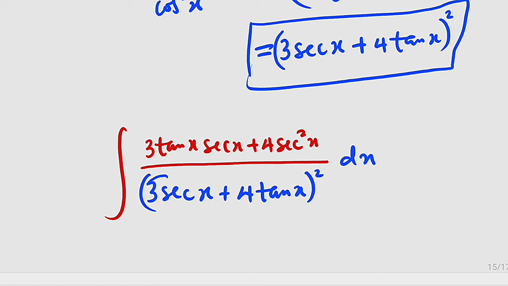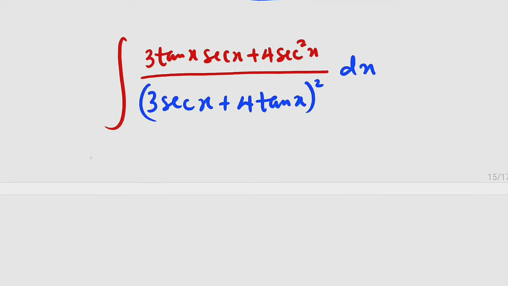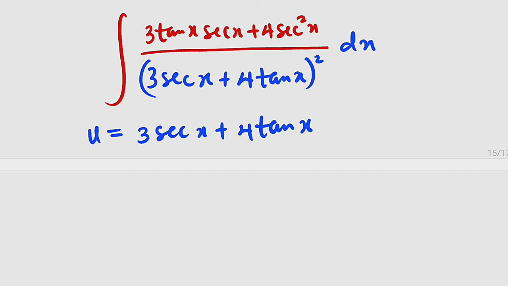Now I would like to let the whole of this input be equal to u. So it is a U-substitution. Let u be equal to 3 secant x plus 4 tangent x. So we're going to differentiate the left and the right hand side. So we have du equal to, if you differentiate secant x, you obtain tangent x secant x, but 3 is there, so we have 3 tangent x secant x.